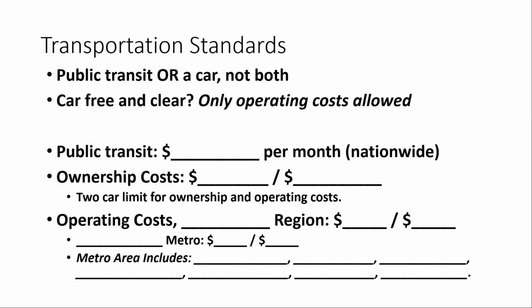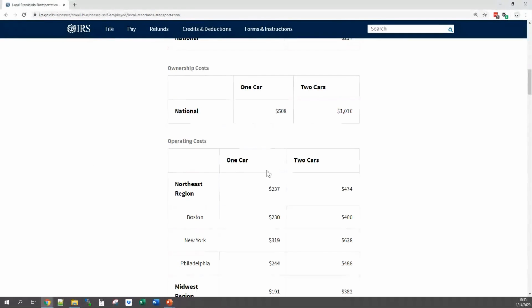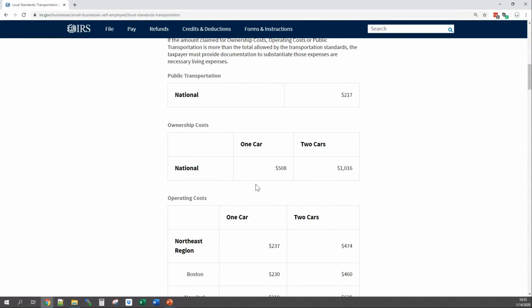But what if they have a car? Well, if the taxpayer has a car, there are some additional rules. One, there is a limit of 2 cars in the household. If there are 3 cars in the household, too bad, so sad. The rules only allow credit for 2.